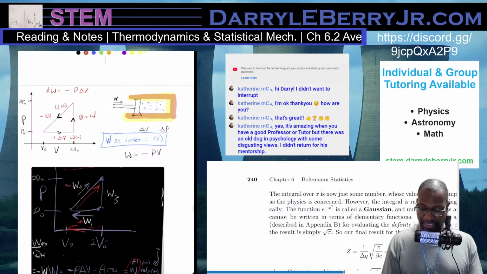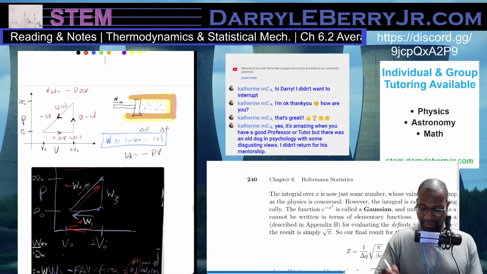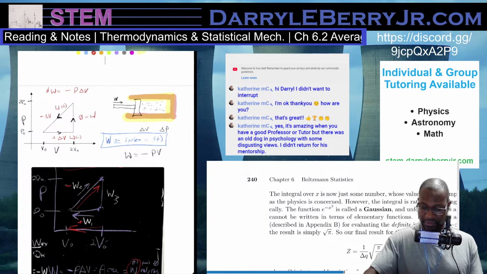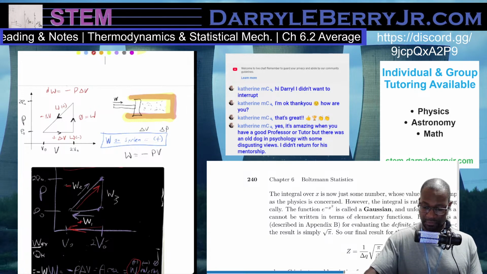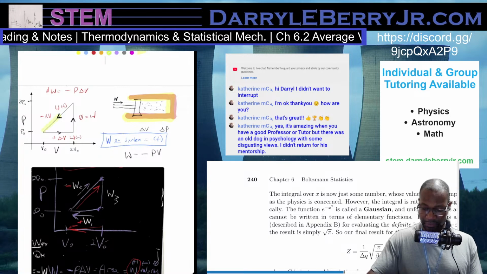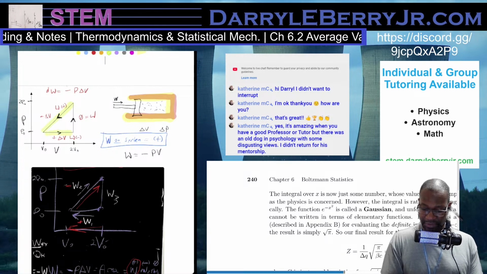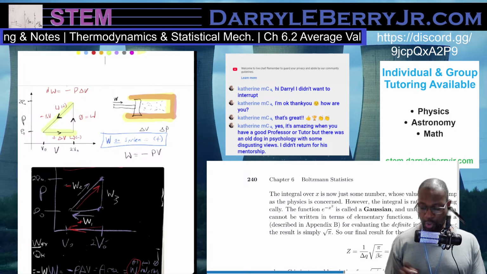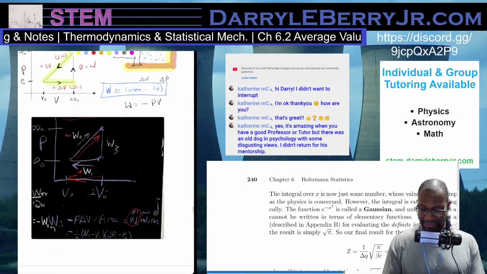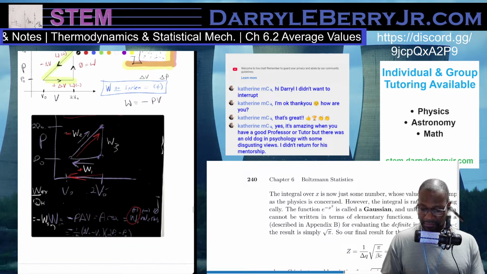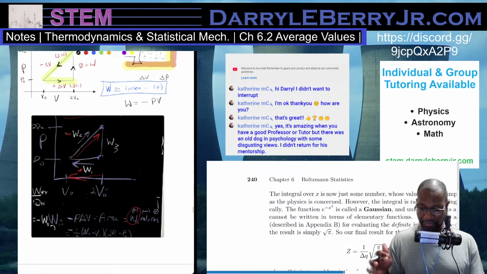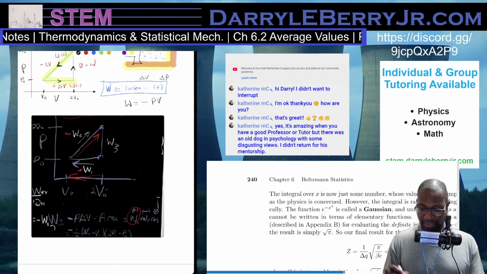And he also mentioned how the magnitude of this is obviously longer than that. So overall work will be positive in this system. So we can say total work on the system will be positive.